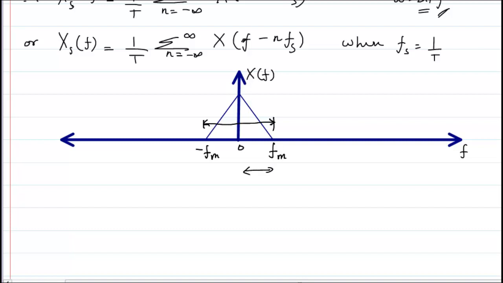So this is X(f), but when we sample it, we are not going to get just one spectrum, but a series of spectra, all having a similar shape, which is X(f), but shifted along the frequency axis. So let me draw that.